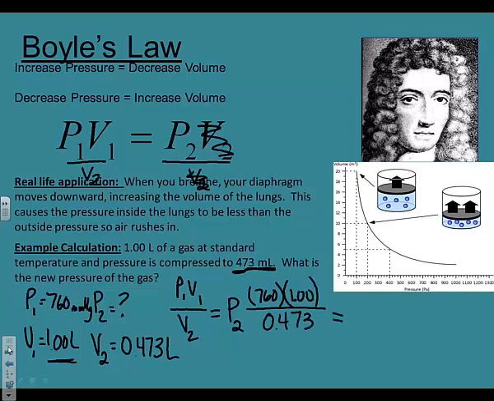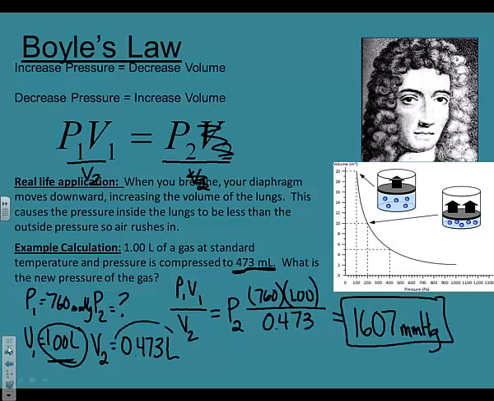My final pressure is going to be 760 divided by 0.473, which will give me 1,607 millimeters of mercury. So volume went from 1 liter to 0.473 liters, so it went down. So we would expect pressure to go up, and it did. It went from 760 to 1,607.